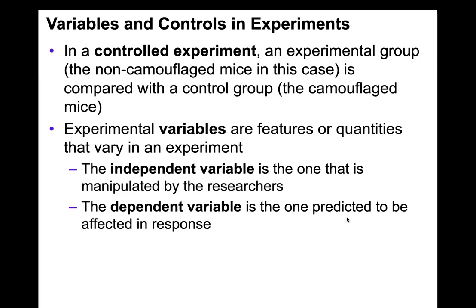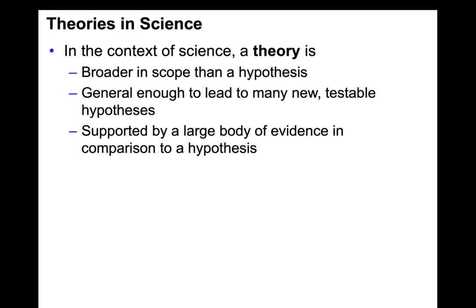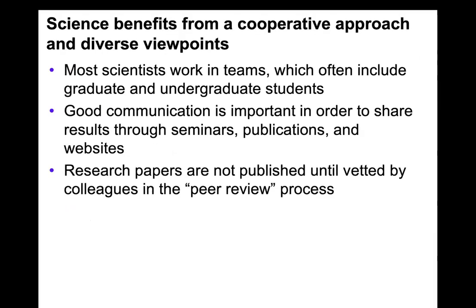The independent variable is one that is manipulated by researchers. The dependent variable is one that is predicted to be affected by the manipulation. In the context of science, a theory is broader in scope than a hypothesis, general enough to lead to many new testable hypotheses, and supported by a larger body of evidence in comparison to a hypothesis.